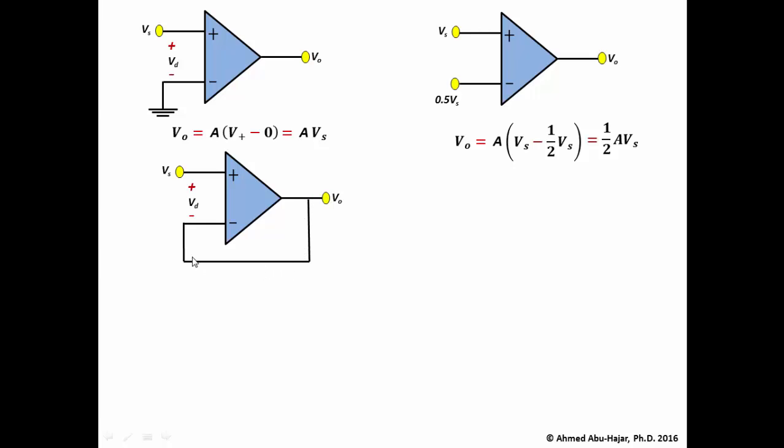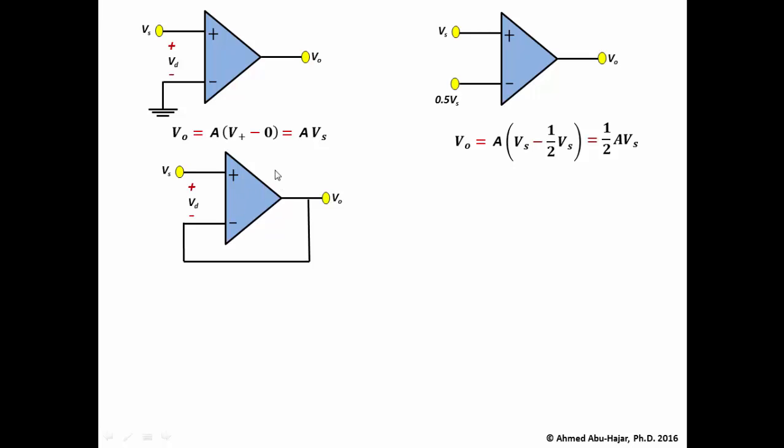So this is called negative feedback, because I have fed the output all the way to the input in a negative way. Now the effective voltage becomes Vs minus the inverting input. Then it is a negative feedback because the output has been negatively fed back to the input. So it's a negative feedback.